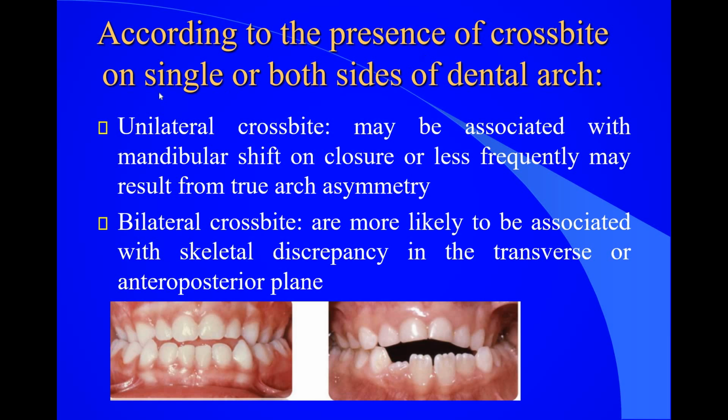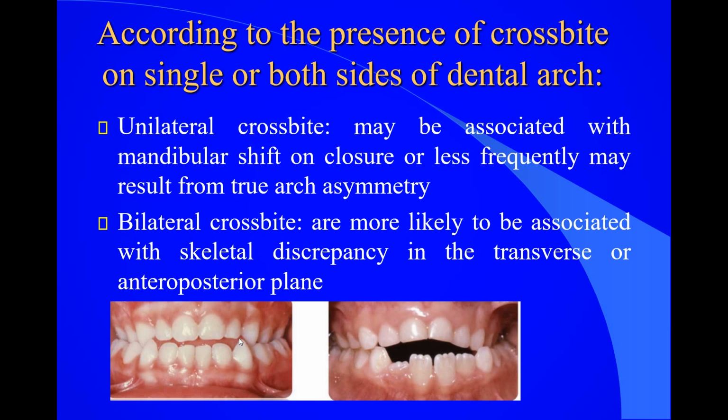According to the presence of crossbite on single or both sides of the dental arch, there is unilateral crossbite, like here in this photo, which is associated with mandibular shift on closure or, less frequently, may result from true arch asymmetry. And this is unilateral crossbite.